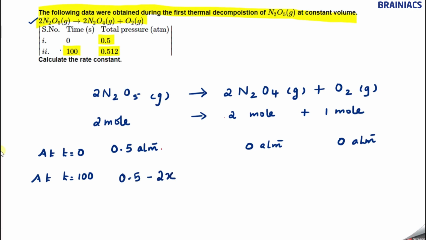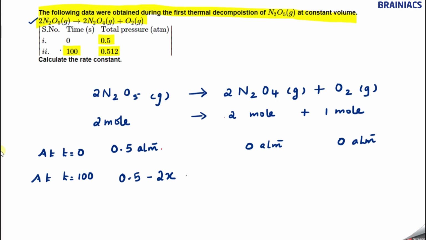Because x is the atmosphere for 1 mole, so if 2 moles are converted, we know that much number of moles is decreased. And the number of moles, or concentration, is directly proportional to the pressure. So that much pressure is also decreased.